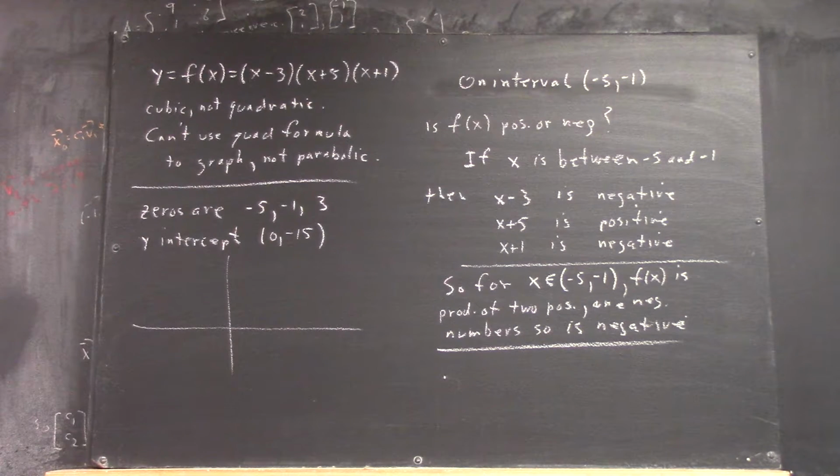Make sense? This is very important. This is the key thing you need to understand in order to graph factored polynomial and rational functions. A couple of other things you've got to understand as well, but this is the one that gives people trouble for some reason.